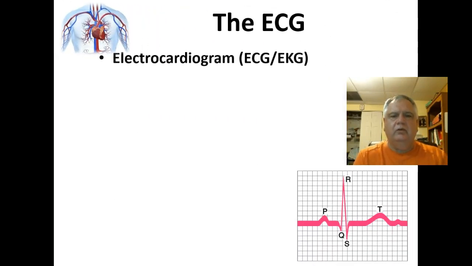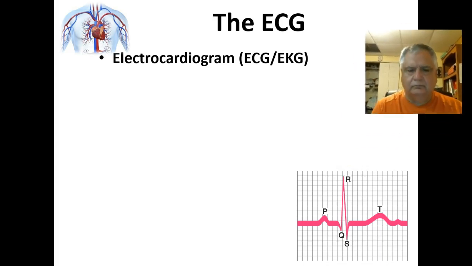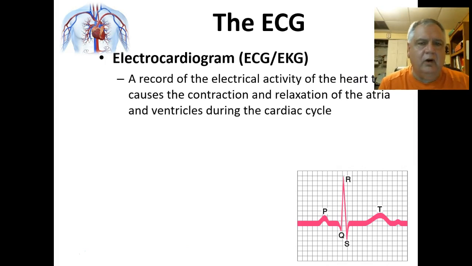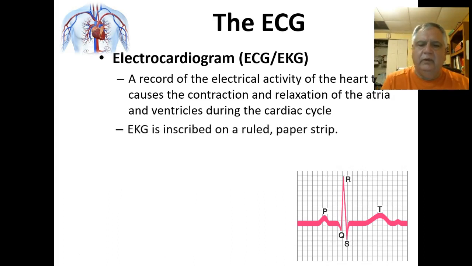Okay, next up, we want to turn our attention to the electrocardiogram, the ECG or EKG. What's an electrocardiogram? It's a record of the electrical activity of the heart that causes contraction and relaxation of the atria and ventricles during the cardiac cycle. So this is going to be associated with the intrinsic regulatory system.